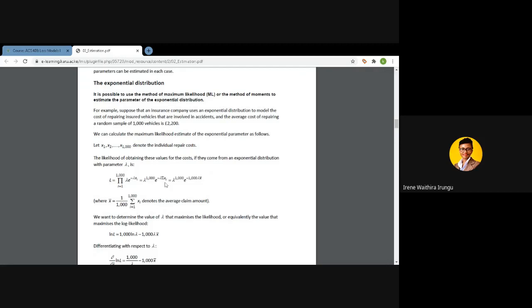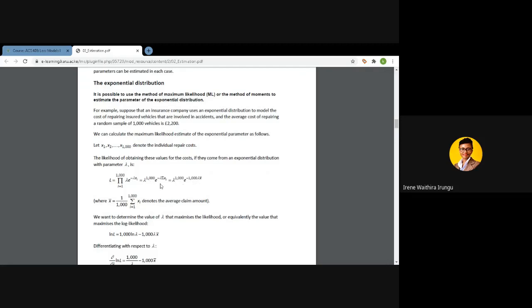So we already know that x bar in itself is given by 1 over 1000 summation of xi's. And in this case, we have the summation of xi's. So if I wanted to express this summation, I can do so in terms of x bar, so that we have our equation simplified as lambda raised to 1000, which corresponds to that.